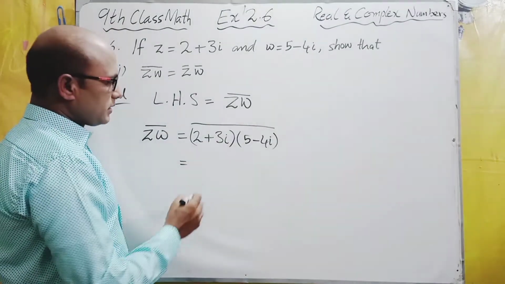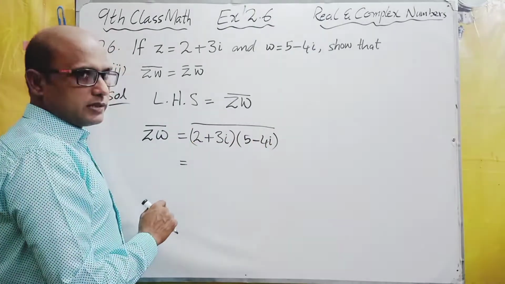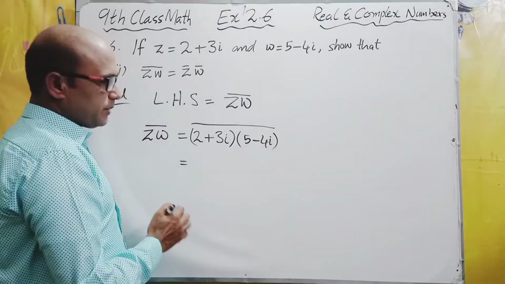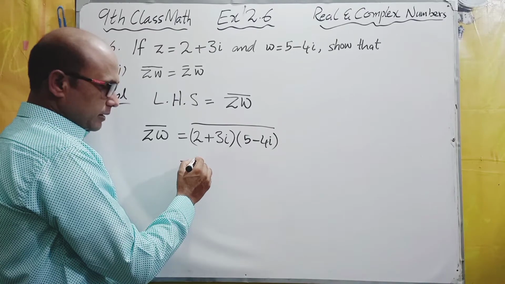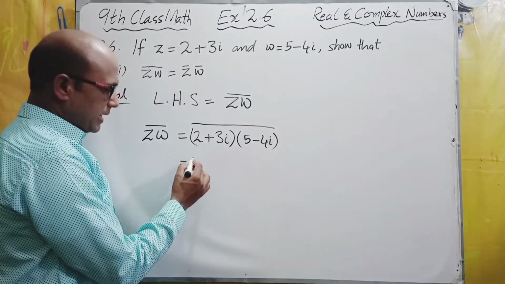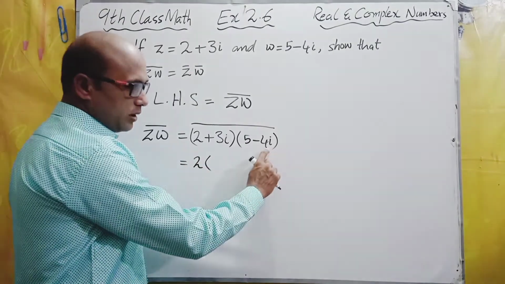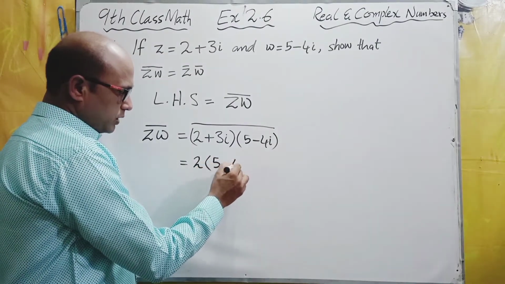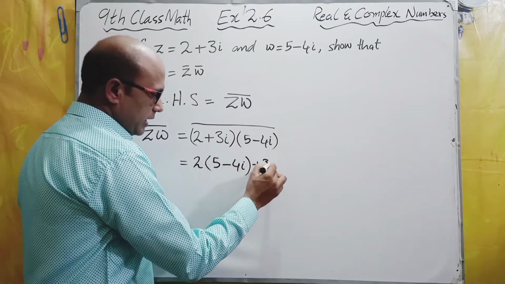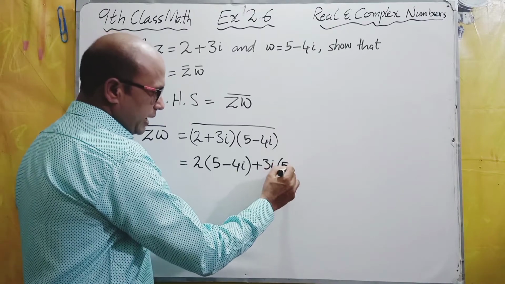Now we'll solve it. We can't remove this bar at this moment. First of all, students, we have to multiply them. And you know the method of multiplication. Let's multiply them. 2 will be multiplied by this whole bracket with both of these two terms, and plus 3 iota will be multiplied by this whole bracket also.